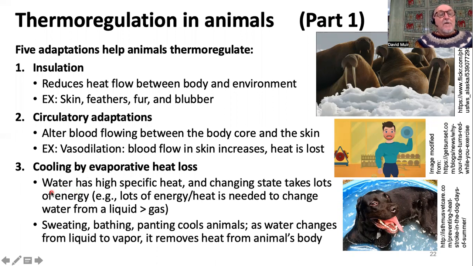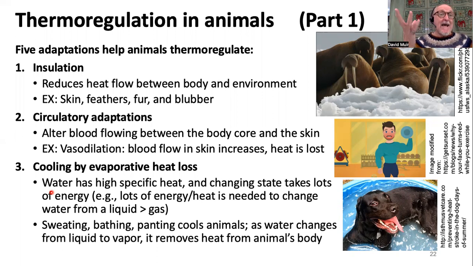So the third mechanism whereby we control temperature is by evaporative heat loss. And this depends on the fact that water has a very, very high specific heat. It requires a tremendous amount of energy to get water to change its state, first from solid to liquid, and then from liquid to gas.